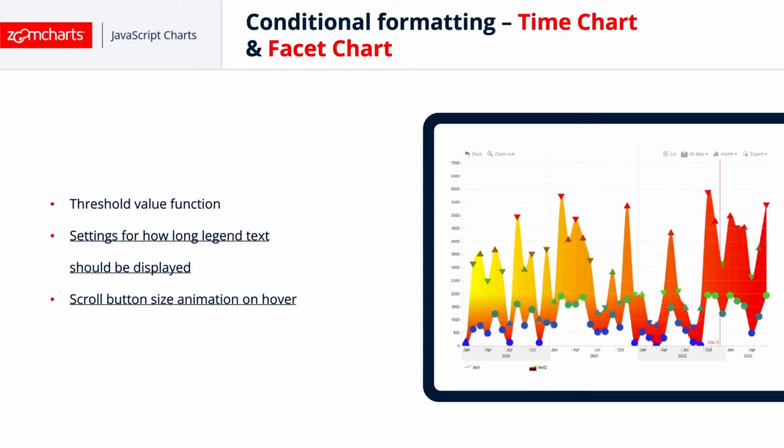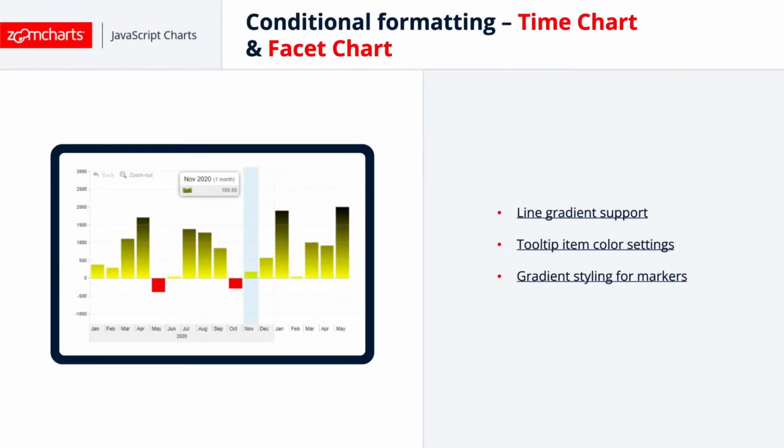So those are some of these features, but those are really the tip of the iceberg, because below that, we also have the line gradient support, brand new. We have tooltip item settings and gradient stylings for markers.